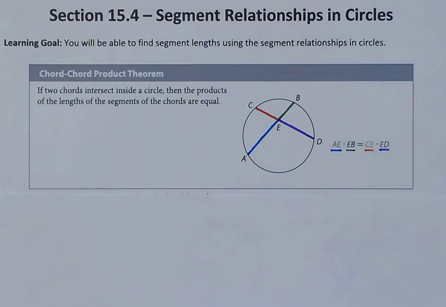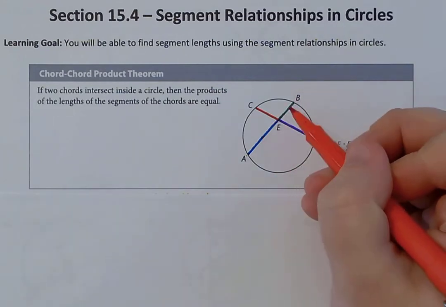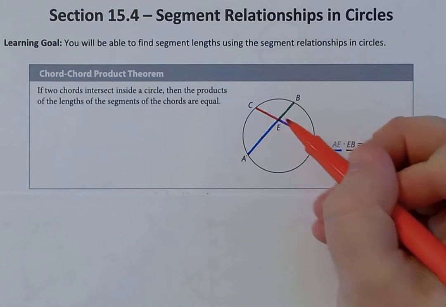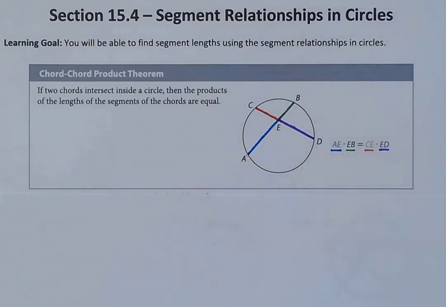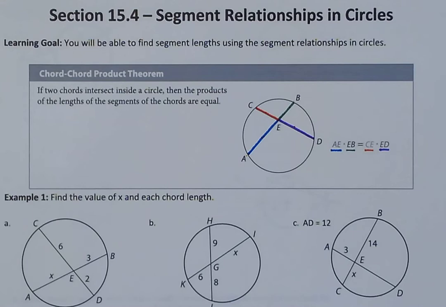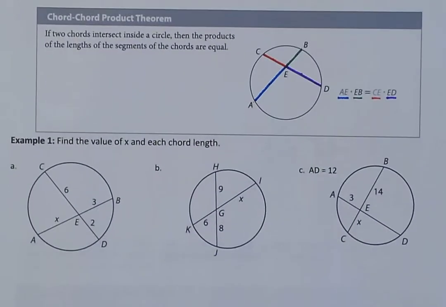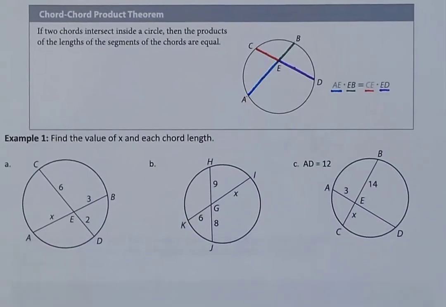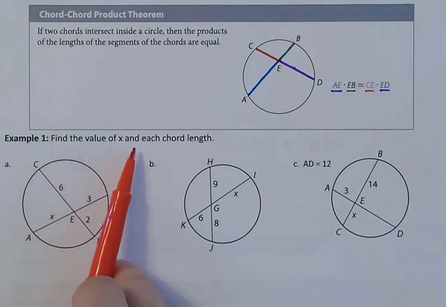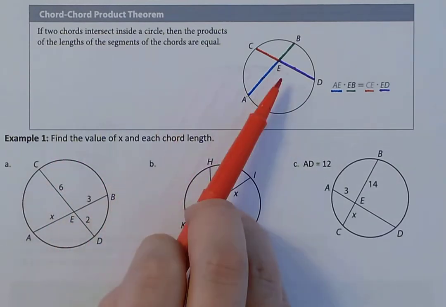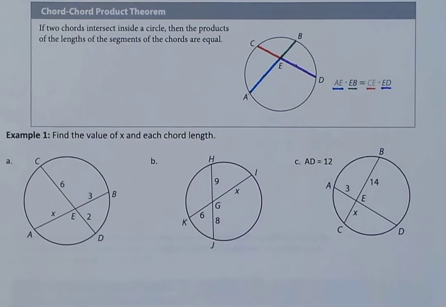So the product of the length of the segments of each chord are equal. So that means this times this equals this times this. And that is that. So we are going to use the chord product theorem to help us answer our questions for example 1. Example 1 is going to ask us to find the value of x and each chord length.